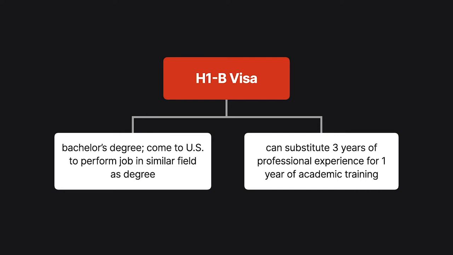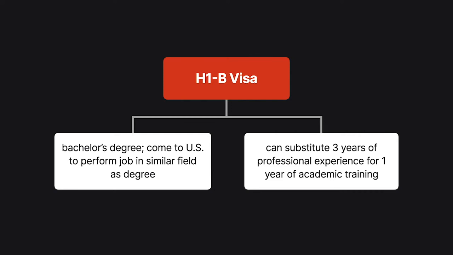Now, the degree requirement is crucial to the definition of specialty occupation, whether your client fits that, in which 1 year of a bachelor's degree can be substituted for 3 years of experience. Or, as it says in the statute and regulation, you can substitute 3 years of professional level experience for 1 year of academic training in the specialty occupation, aka the 3-for-1 rule.